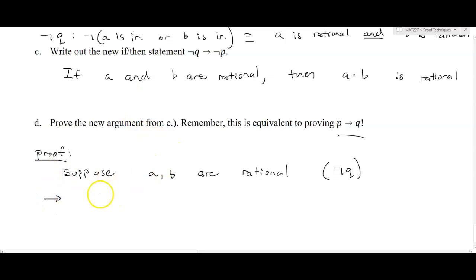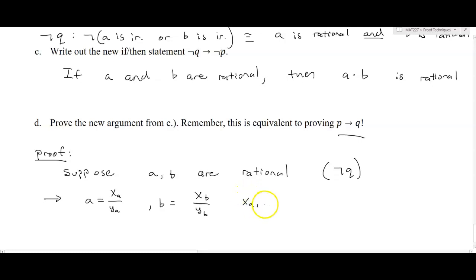If A and B are rational, that means A is going to be the ratio of two integers, which I'll call XA and YA. And then B is going to be the ratio of two numbers, XB and YB. This just helps me keep track of where the X's came from. And then wait a minute, what are XA, YA, XB, and YB?